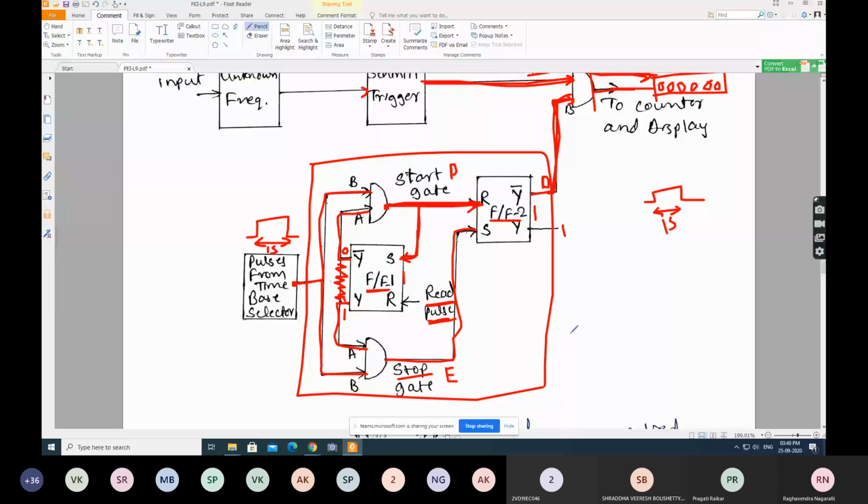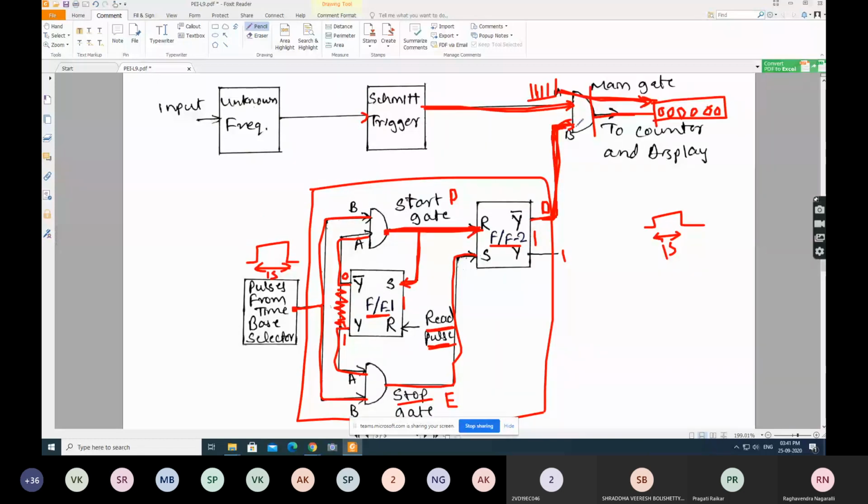The signal that we are getting out of this gate control flip-flop will enable or disable the main gate, so we call this signal a gating signal. And the signal from the input, whose frequency we are trying to measure, we call a counter signal, because this is given to the counter for the measurement. And this signal we call a gating signal.